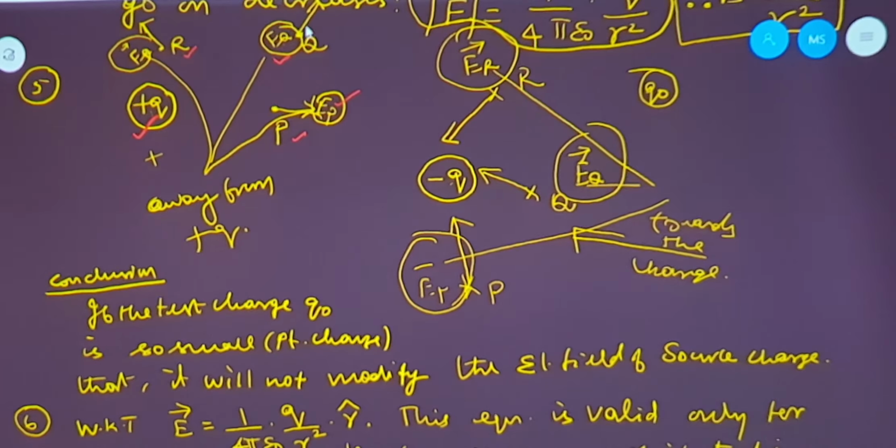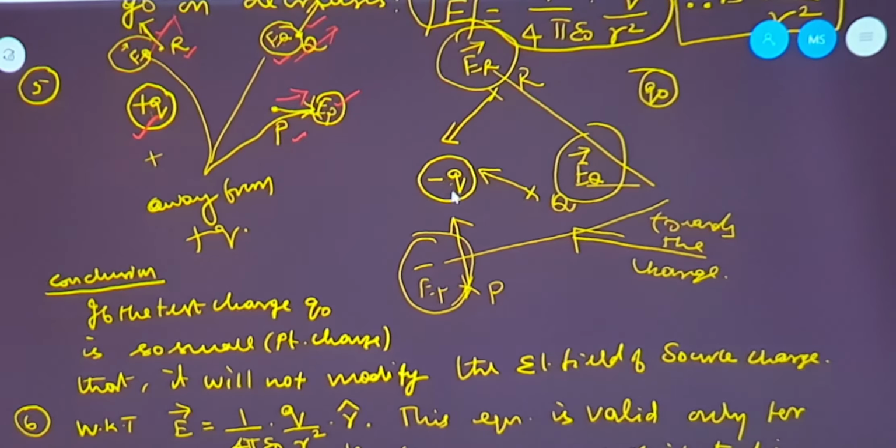On Q, the electrical field is EQ, and at R, it is ER. Since the source charge is positive, what is the direction of this electrical field at these points? The point charge available at these points is not modifying the direction or the magnitude. Since the source charge is positive, it is acting away from the source charge.